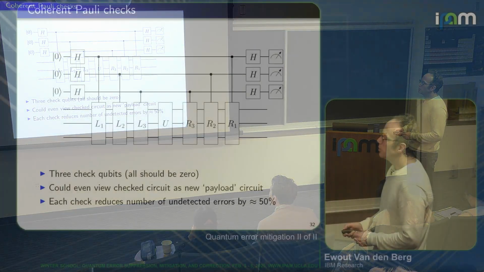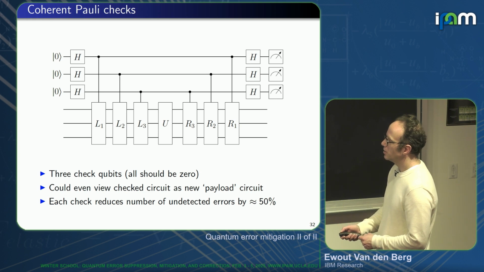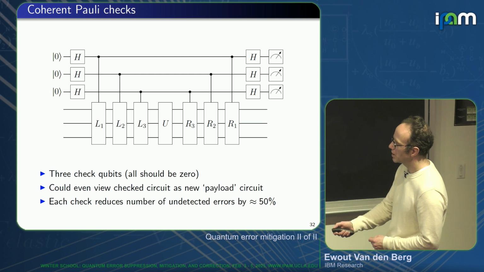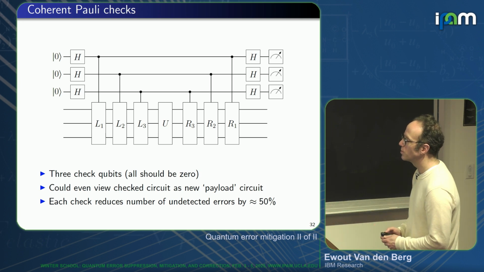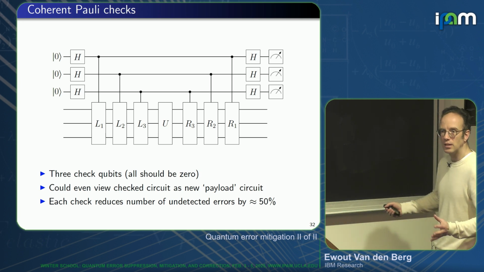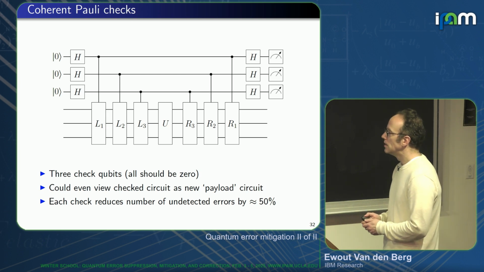So you can add multiple checks, right? So you have maybe 3 check qubits, and all of them should be 0. One is you just apply left 3 and right 3, and then there's a second one, an outermost one, left 1 and right 1.